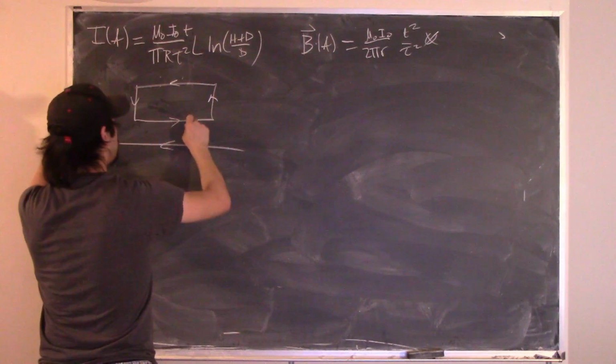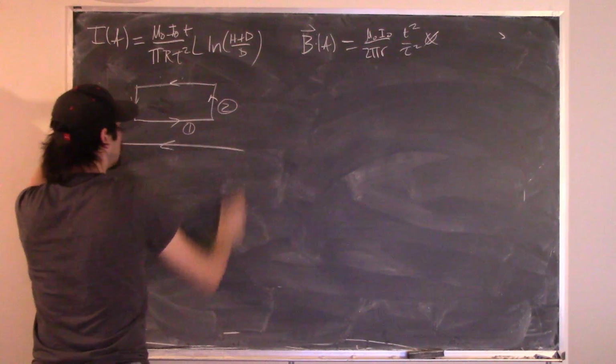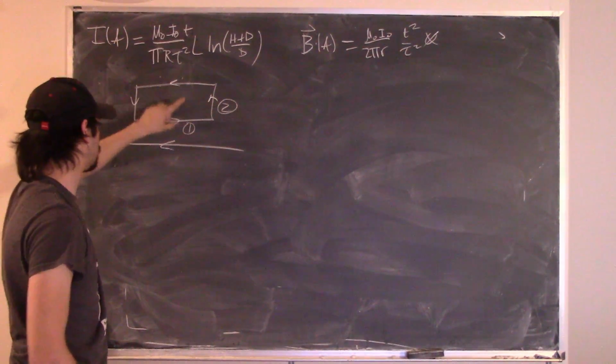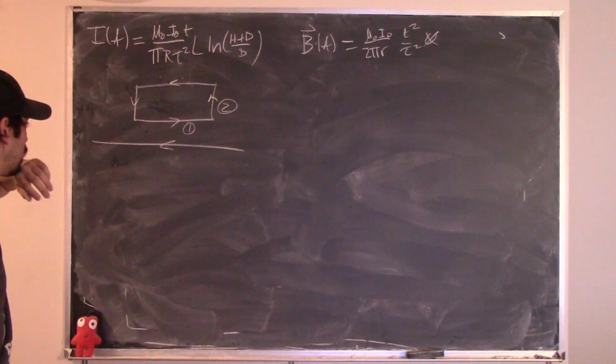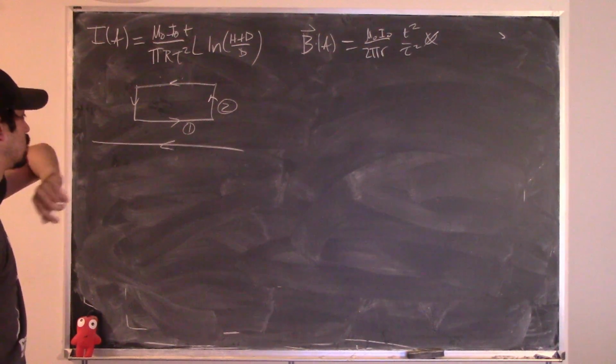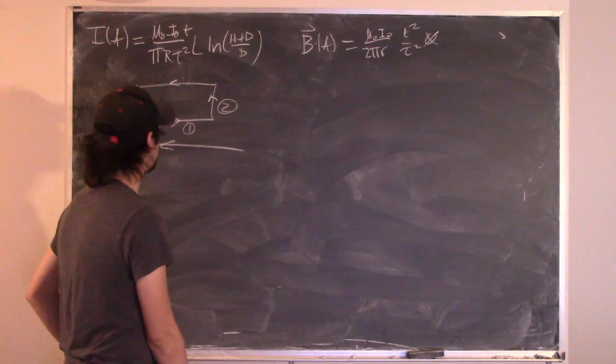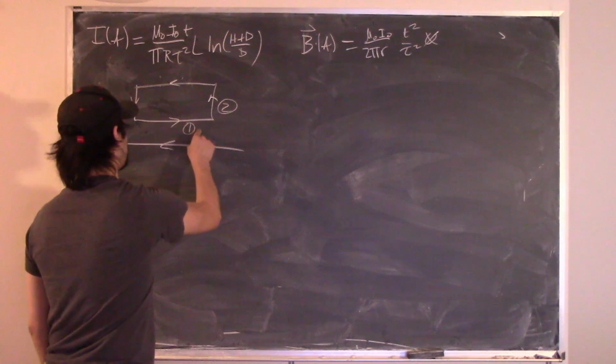I'll do the bottom one and the right one, and you'll see why ultimately it's a little redundant to do all 4 of them, because you can see what's going to change for the calculation.